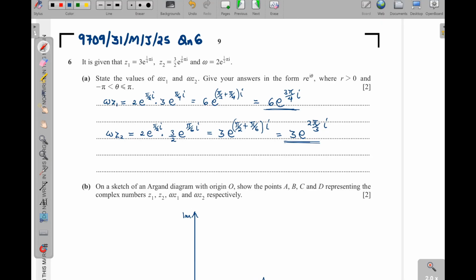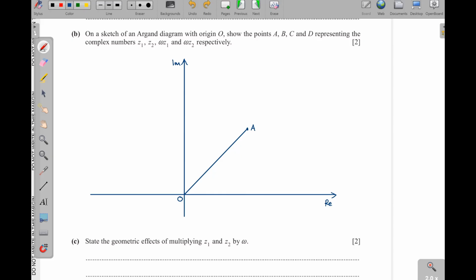For Z2, this is 3 over 2. Now, this 3 over 2 is a half of this 3. That means, remember this one represents the length or the magnitude. So that means the length of Z2 has to be a half of the one of Z1. Are we there?